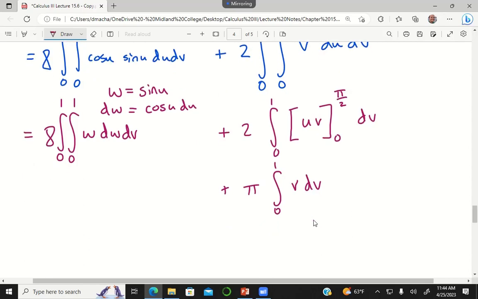Okay, back over here. Antiderivative of w is going to be 1/2 w squared, but we're going to plug in a 1, and we're going to plug in a 0. So that's just 1, right? 1 squared is 1.